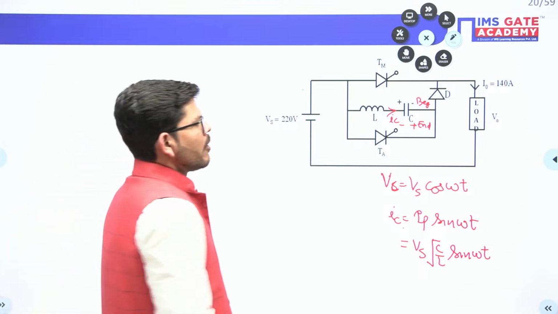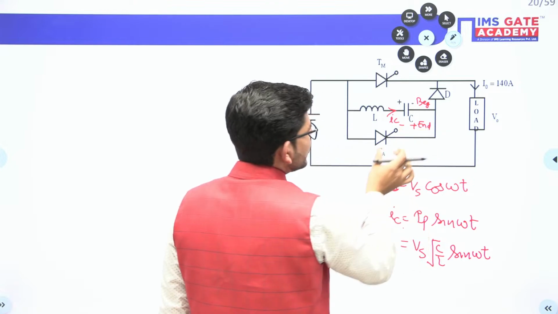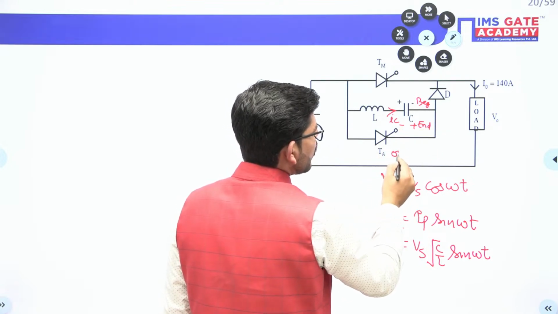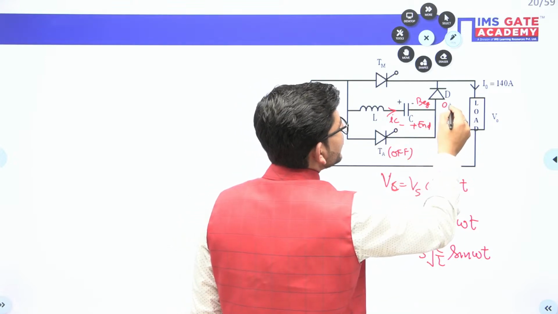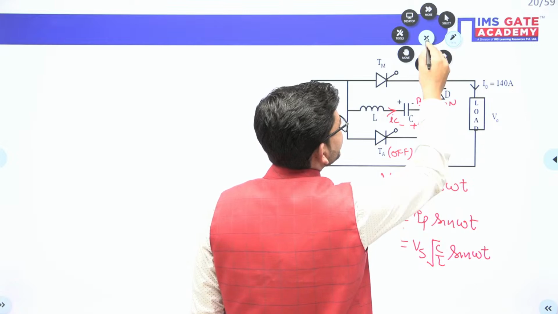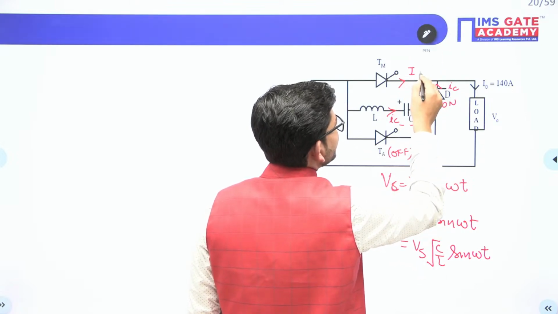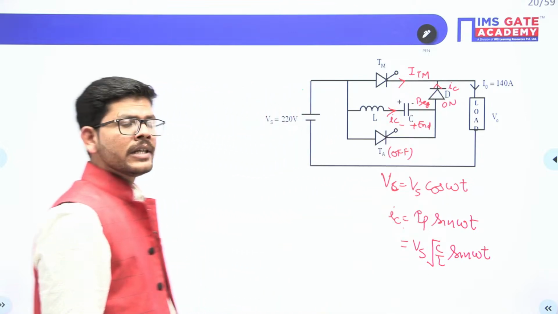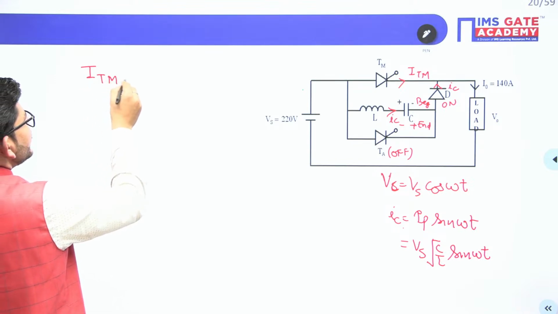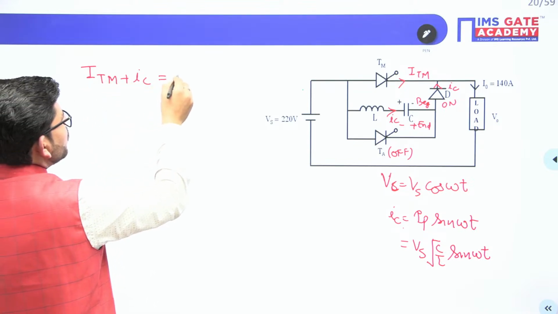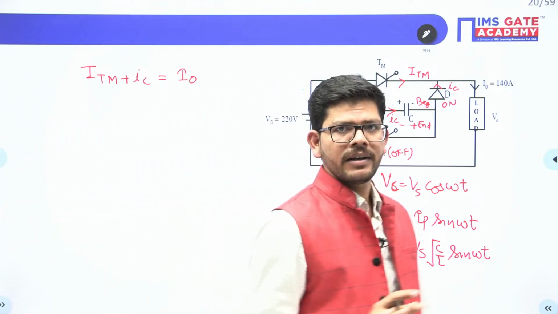The thyristor TA will be off due to this capacitor polarity, and now the diode will be conducting. So when the diode is conducting, it will be carrying a current IC, and here we have the current ITM, isn't it, guys? Now when you apply KCL, ITM plus IC add up and constitute a current I naught. Are you getting this fact?